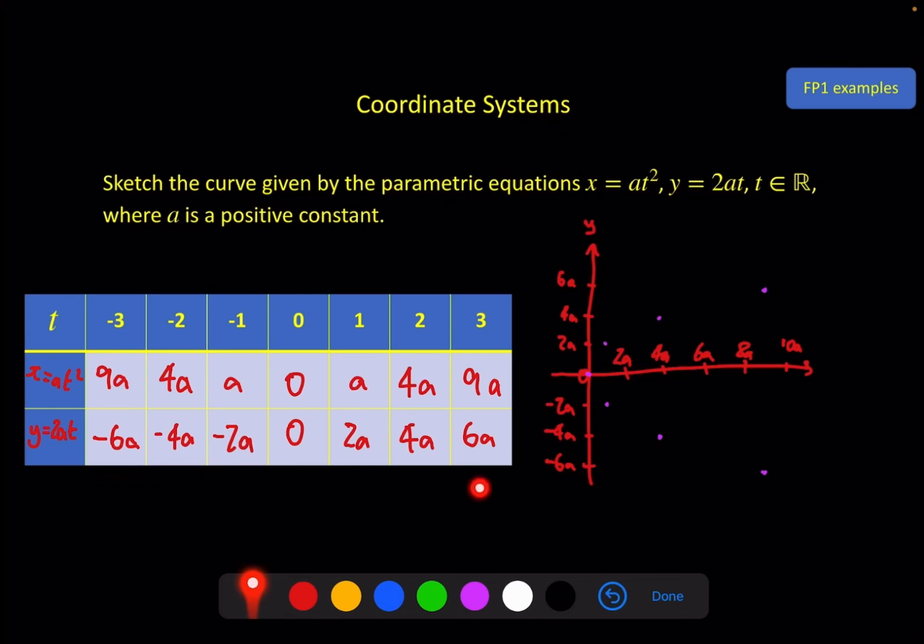So by calculating the coordinates of a few points and sketching them out a little bit more accurately than usual, I can be quite confident that the graph looks something like this. And I don't need to be too worried about getting it perfect because it is just a sketch. And you can see it kind of looks like a y equals x squared curve on its side, and that's not a coincidence. We will come back to that in a moment.